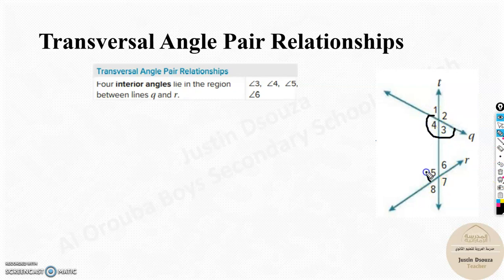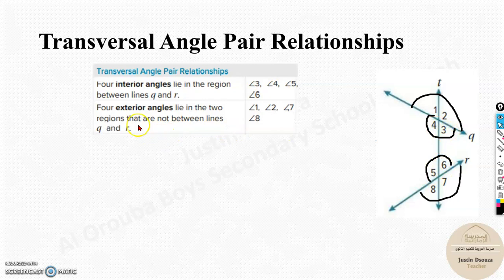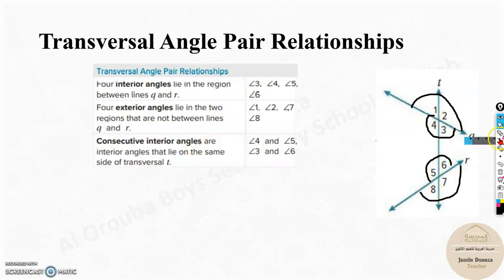These are the interior angles, the angles which are inside, whereas these are exterior angles. So interior angles would be the ones which are inside: 4, 3, 5, 6, and exterior angles are 1, 2, 8, 7. Now consecutive interior angles mean which are not these, these are alternate, right?